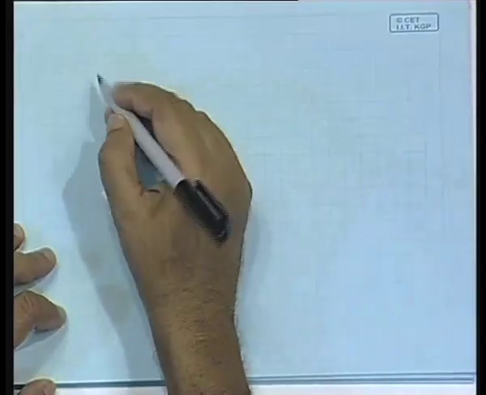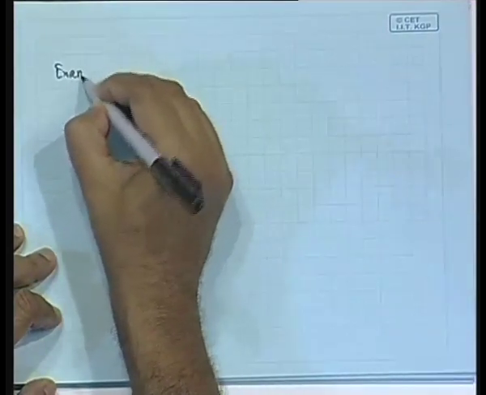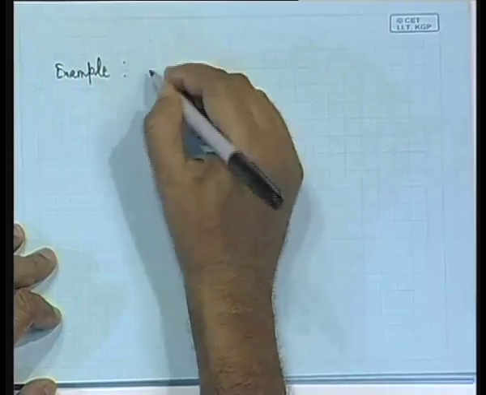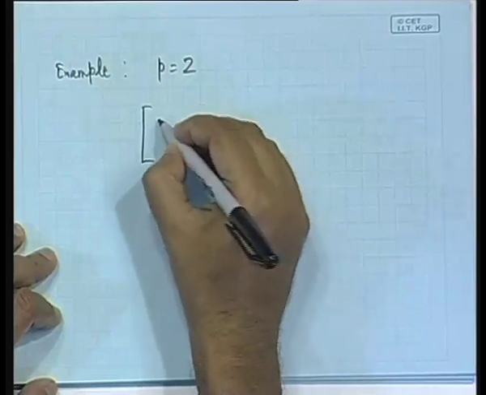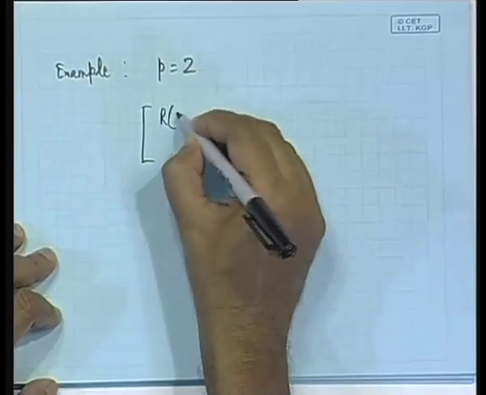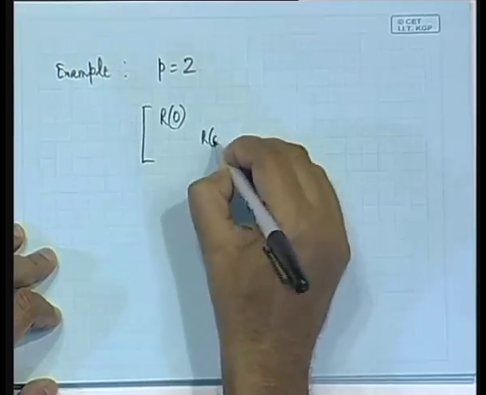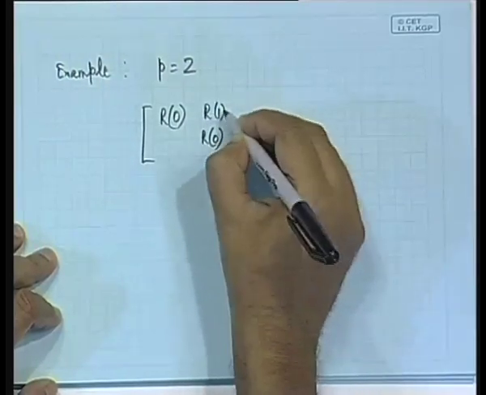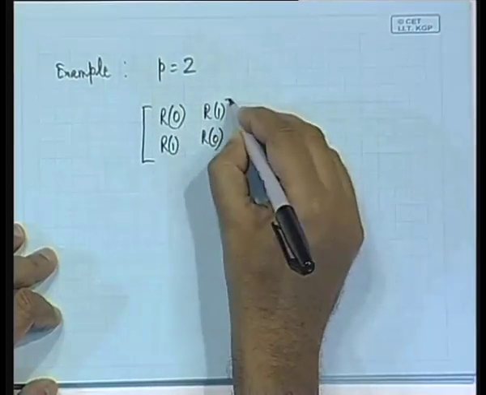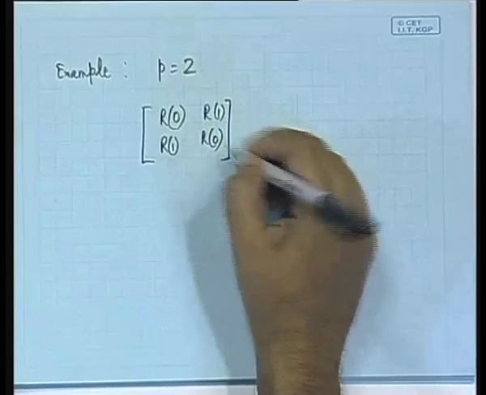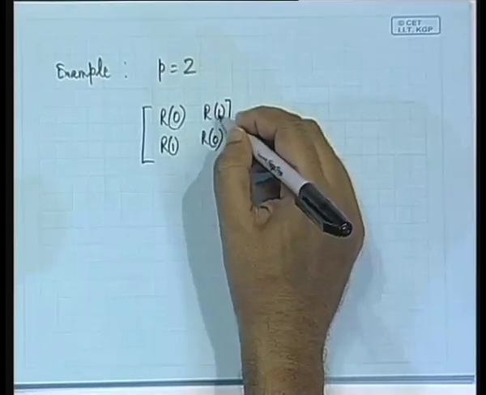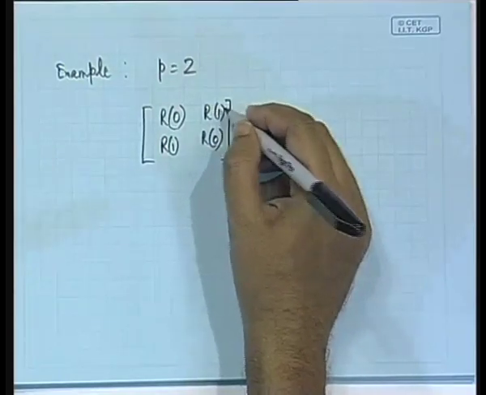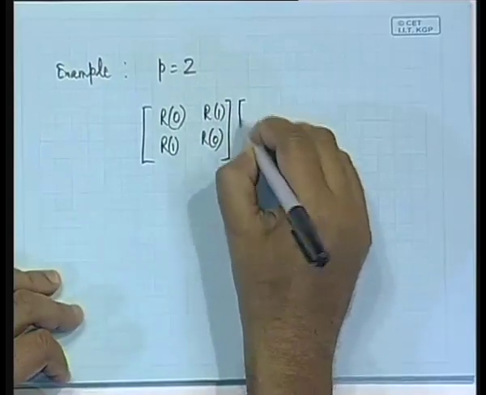So for a predictor of order 2, we just illustrate our algorithm with the example p equal to 2, and then our basic matrix equation can be written as R_0, R_1 in the first row and R_1, R_0 in the second row. This is definitely a Toeplitz matrix, because the diagonal elements are all the same, it is symmetric, and the next diagonal, consisting of only one element, is R_1.